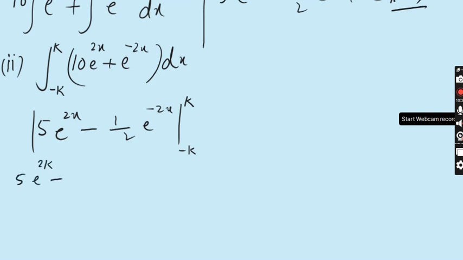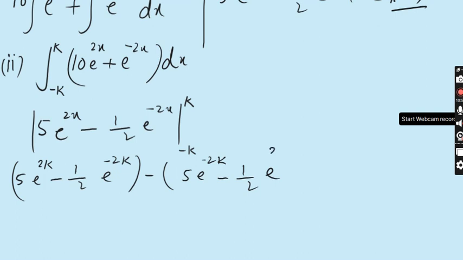5e^(2k) minus 1 upon 2e^(2k), minus the lower limit, 5e^(-2k) minus 1 upon 2e^(-2k).